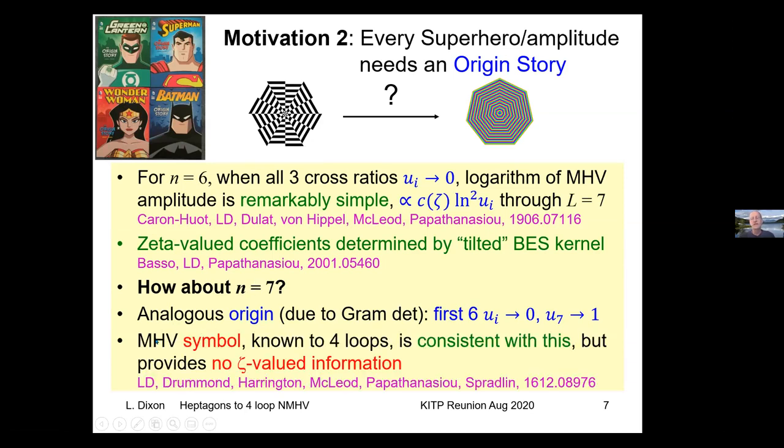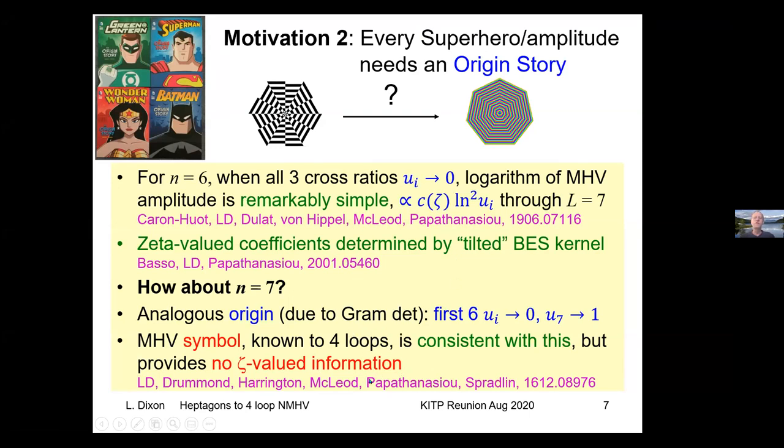And if you look at the NMHV symbol, which Simone Caron-Huot computed, at 2 loops, it's also known through 4 loops from the work I mentioned earlier. And that result is consistent with this, but it doesn't tell you any of the zeta values. So you cannot find any input data to understand if there's some pattern to all of the zeta value coefficients if you don't know the zeta values.